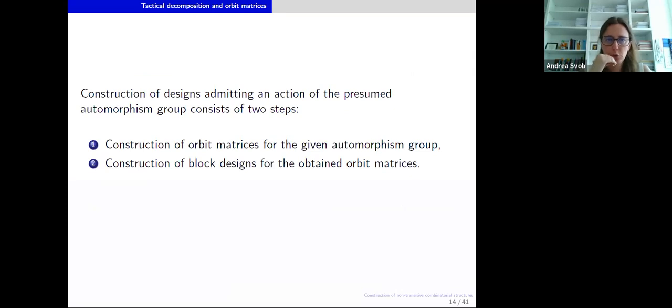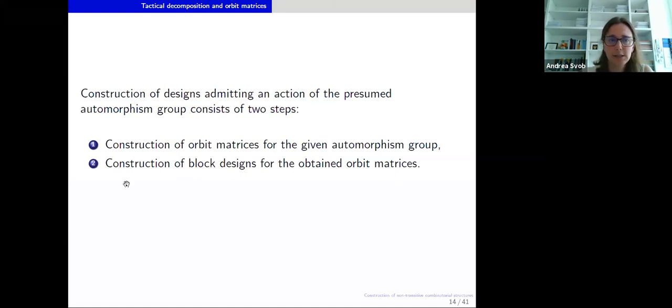You can presume an action of an automorphism group, and then you can construct orbit matrices for the given automorphism group. When you have all possible orbit matrices for the given automorphism group, then from these orbit matrices you can try to construct block designs for each of the obtained orbit matrices.